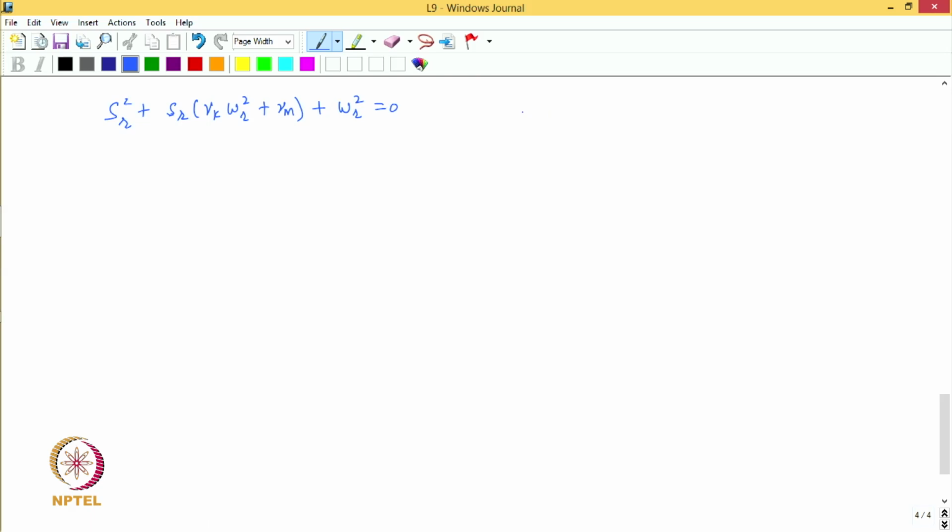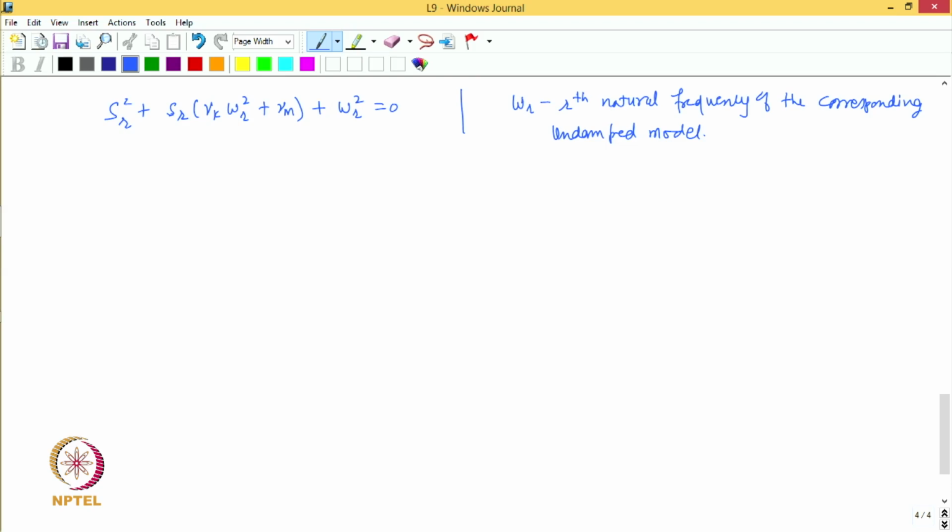Here we should note that this omega r is nothing but the rth natural frequency of the corresponding undamped model.